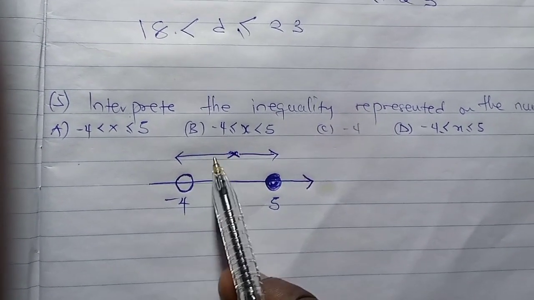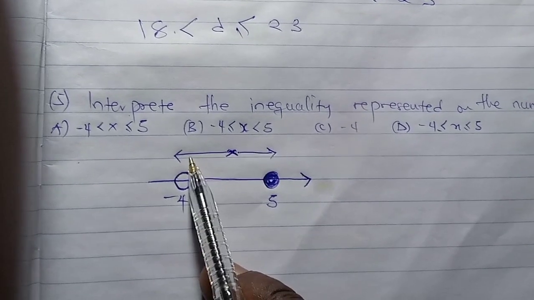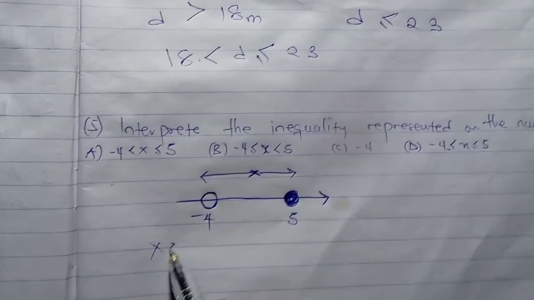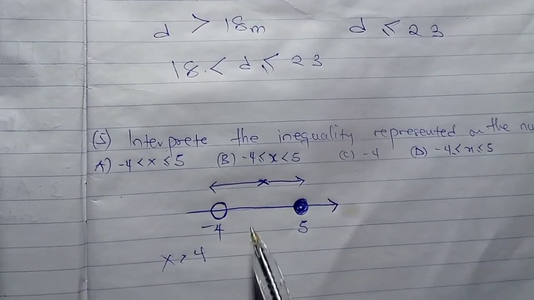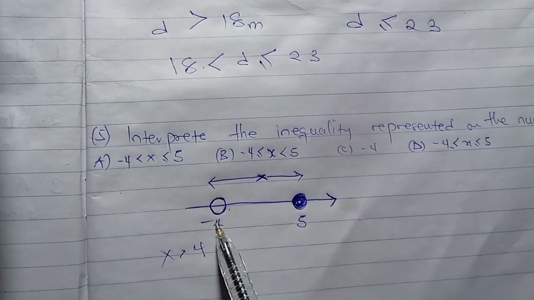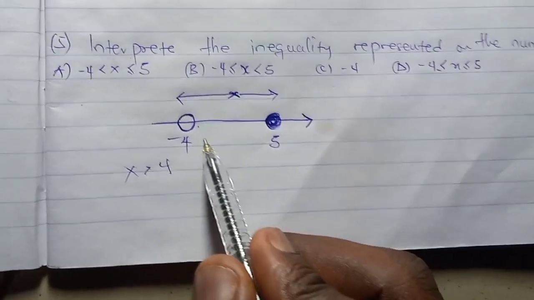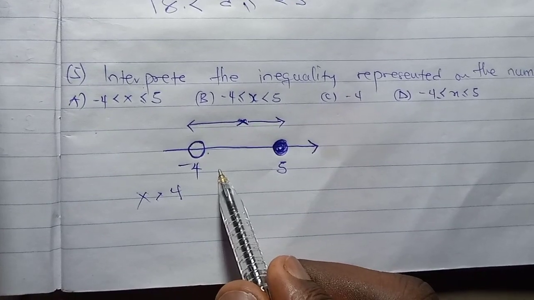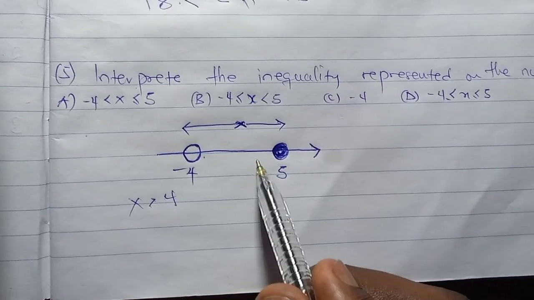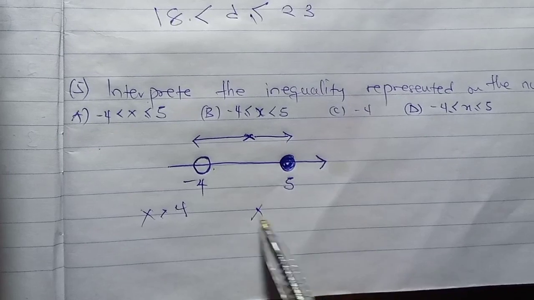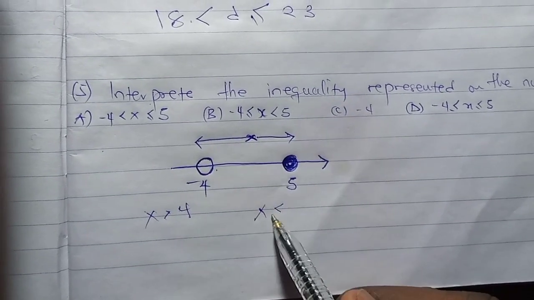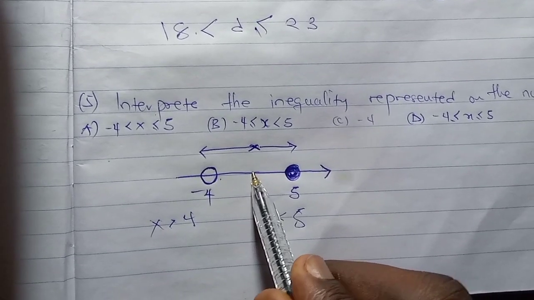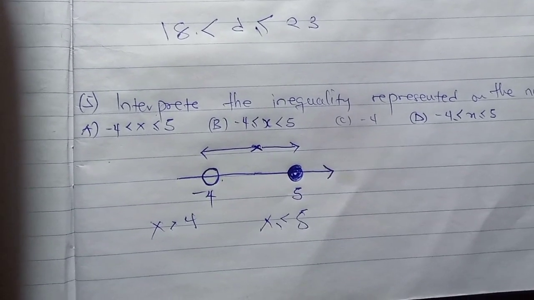So this can be said that x is greater than -4. X greater than what? -4. You know that -3 is greater than -4, -2 is greater than -3, -1 is greater than -2. And at this point, x is less than or equal to 5, that is from 5 down to this x.